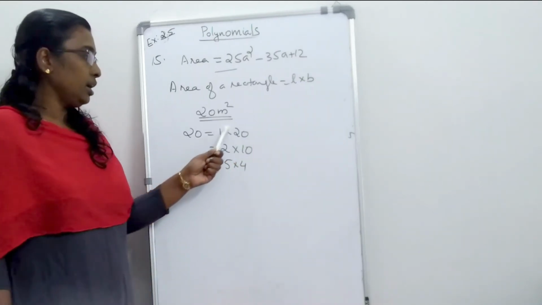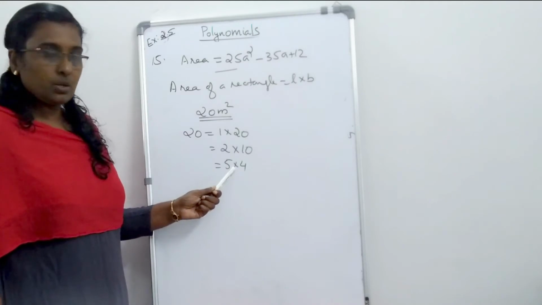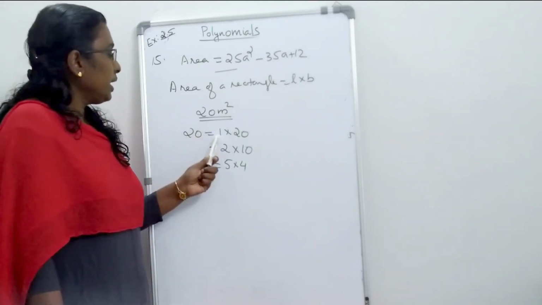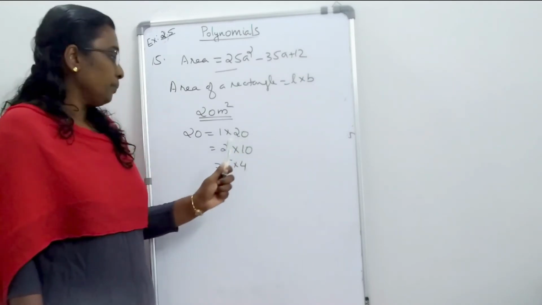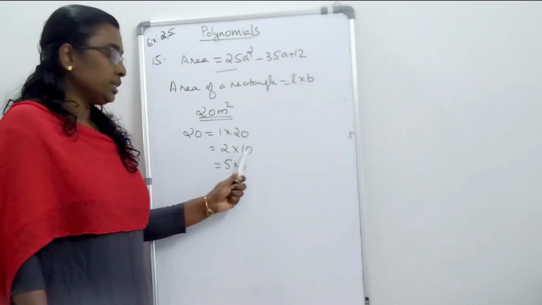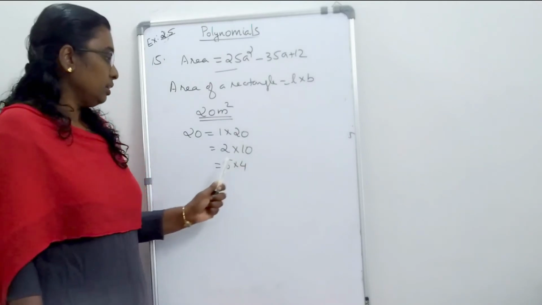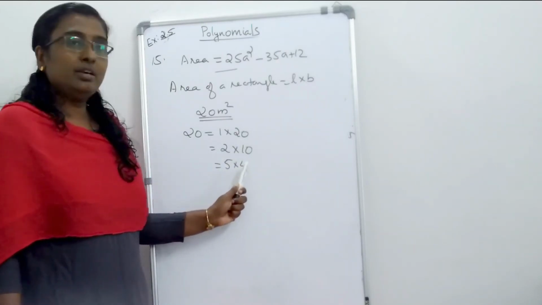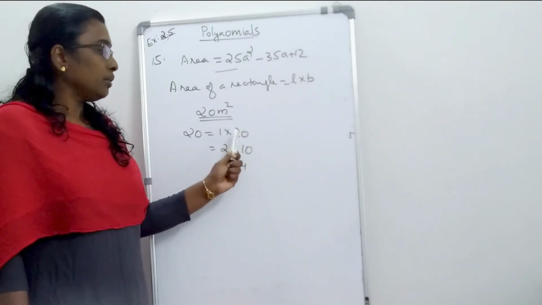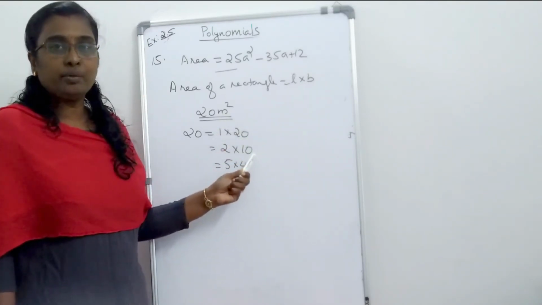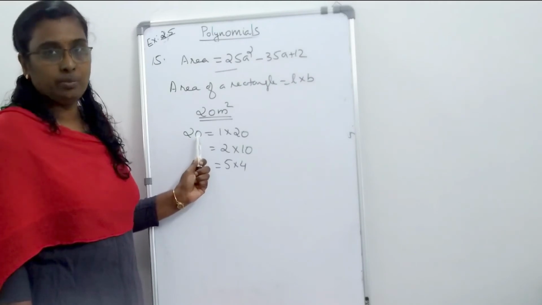We can write 20 in these ways. So we can say that the length is 1 meter and the breadth is 20 meter. Then length is 2 meter and the breadth is 10 meter. Length is 5 meter and the breadth is 4 meter. These are the possible values of length and breadth if the area is 20 meters square.